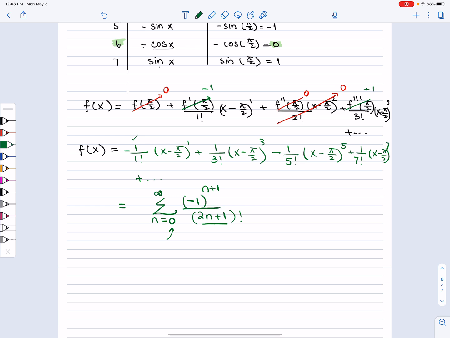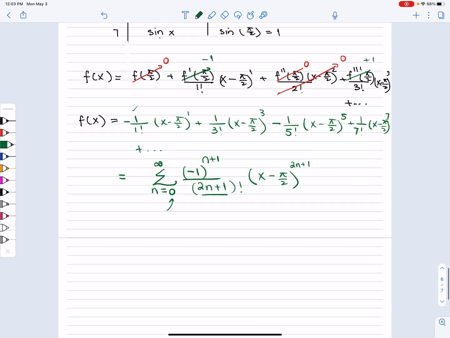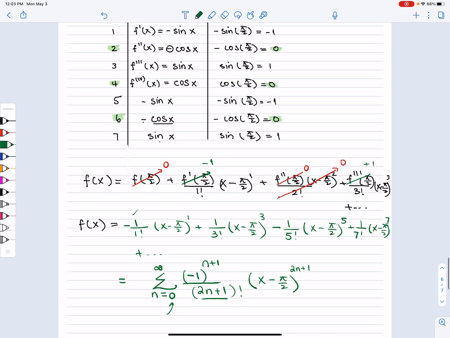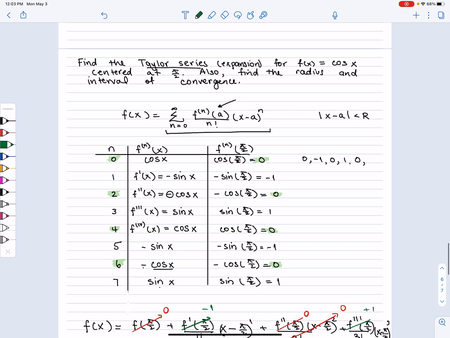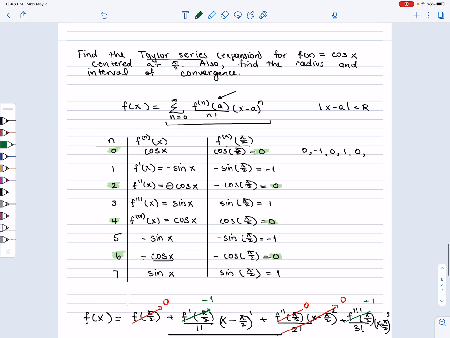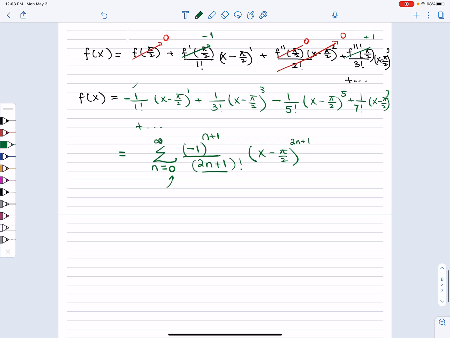We are going to have x minus pi over 2 to the 2n plus 1. Okay. So we can say that the Taylor series expansion for cosine of x is this right here.